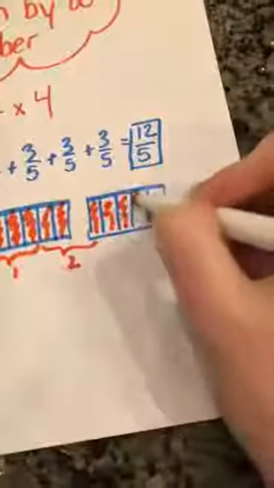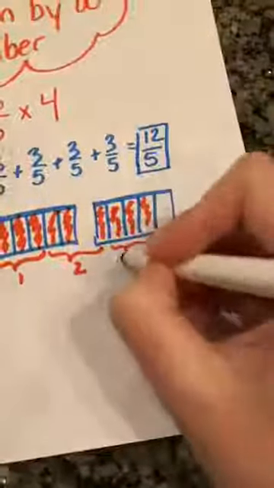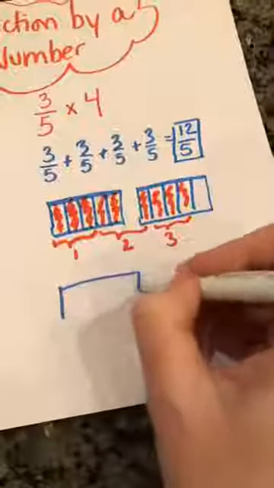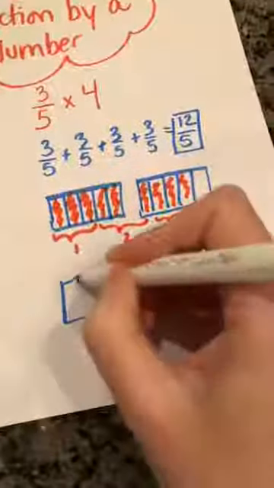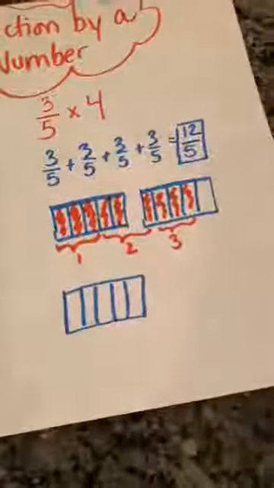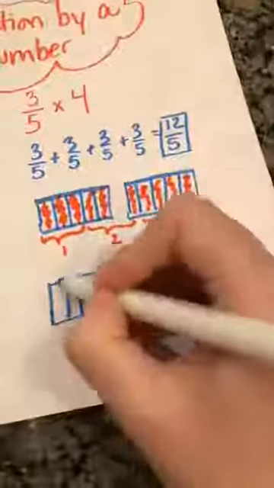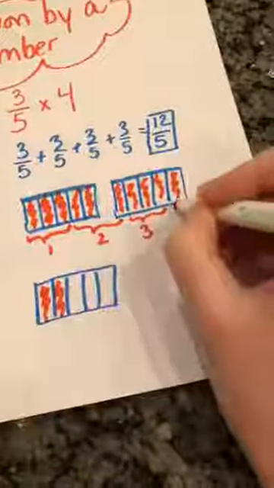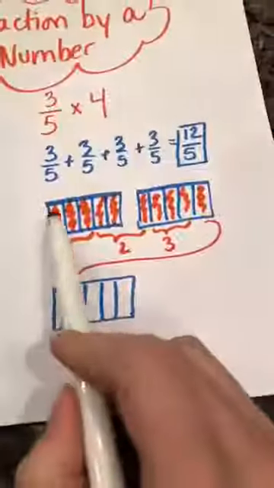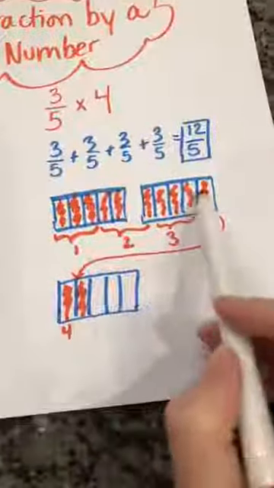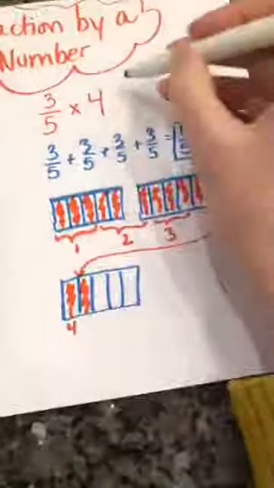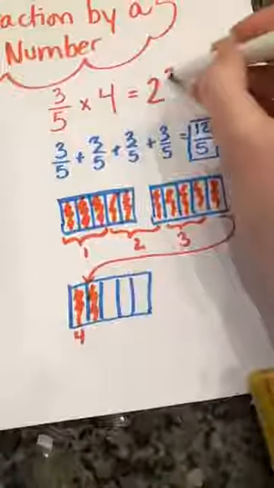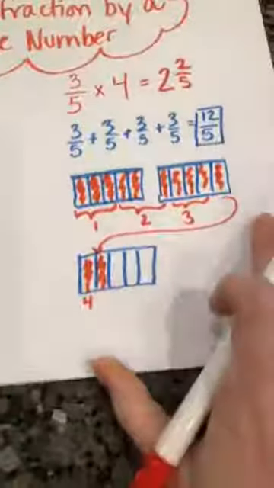That's 2 groups. 1, 2, 3/5. That's 3 groups. Let me make one more because I need to get one more group of 3/5 in there. And 1, 2, 3. That's my 4th group. I have 1 whole, 2 wholes, and 2/5. So my answer is 2 and 2/5.